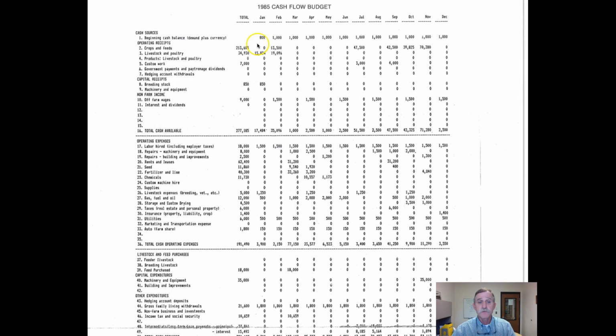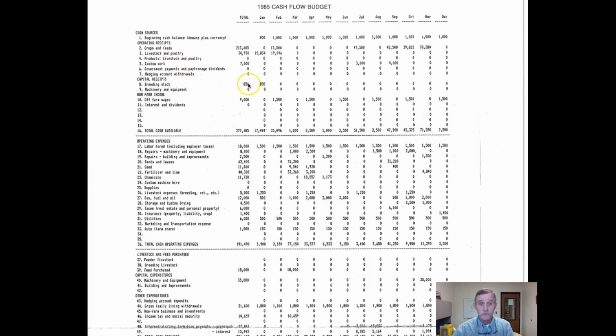And then here's some of the receipts or categories that our receipts can fall under. Okay, so we've got 2 through 7 right here. And you'll notice that in January, there was an influx of cash from livestock and poultry of $15,834. So he must have sold some livestock at that point.